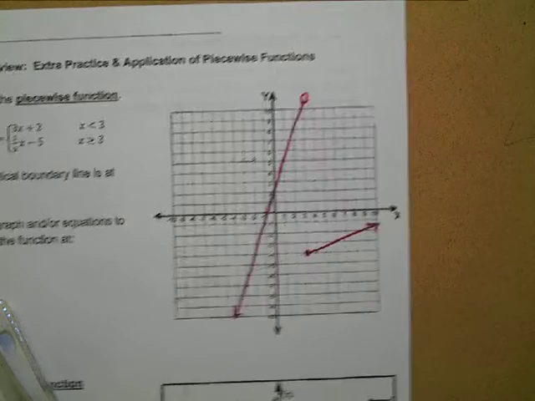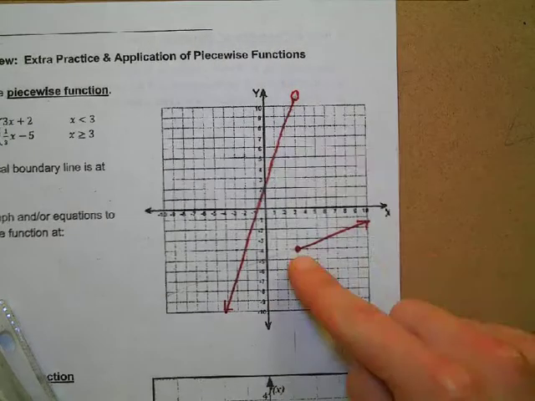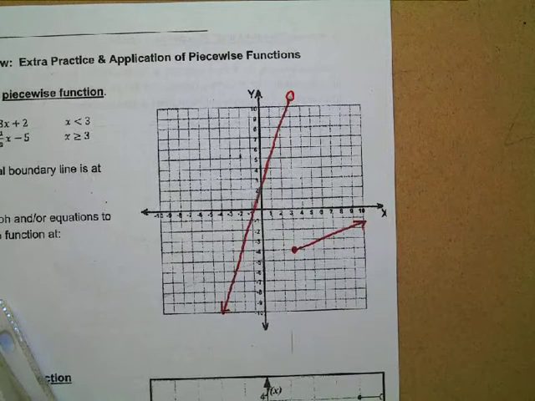At what x value do we switch between those two pieces of the graph? Not sure? Well, do you see where they switch? Like here's this graph and we jump to this graph, right? So at what x value are they ending and starting? Can you see it?